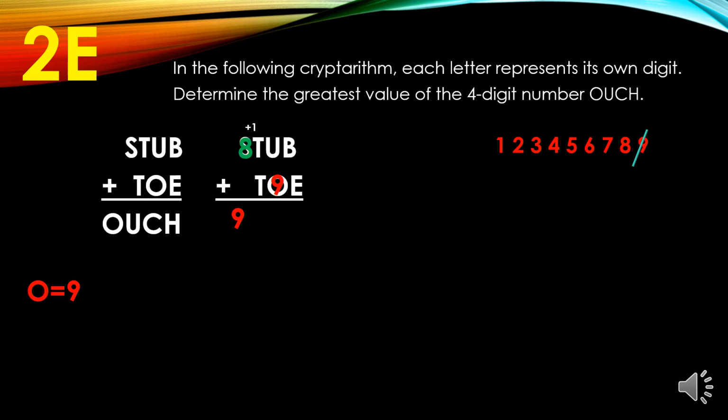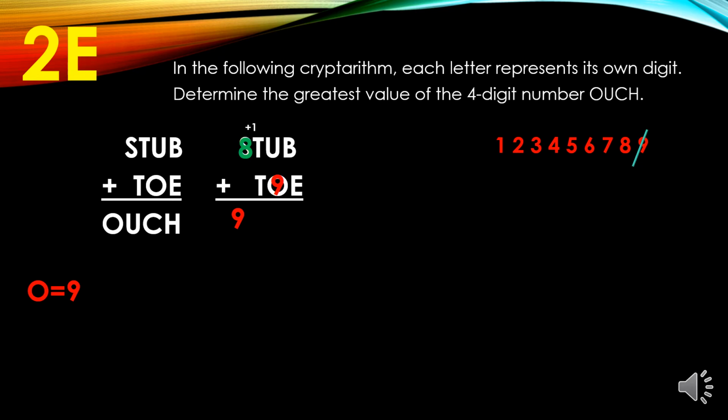So if we assume that our U is 7, it means that T plus T equals a 7 in it, or 17, because we already carried 1 there. Automatically your U plus 9 is 16, carry 1.